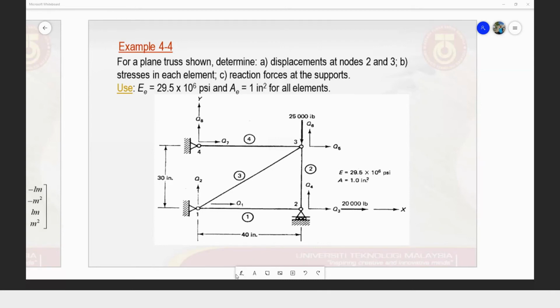I'm sorry, maybe my handwriting tonight is not good enough because I forgot to bring home the writing pad, so I have to use my mouse tonight. So displacement at node 2 and node 3. Where is node 2? Node 2 is located here. This is our node 2. And then node 3.